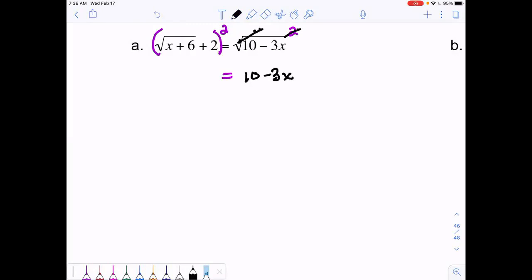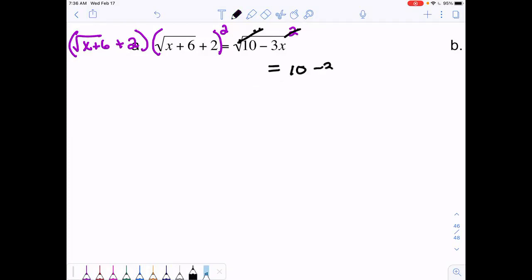But on the other side, I'm going to write the other quantity because we have to multiply this by itself. So if I'm squaring the quantity root x plus 6 plus 2, it means I have 2 of them. And here's where it gets a little tricky.